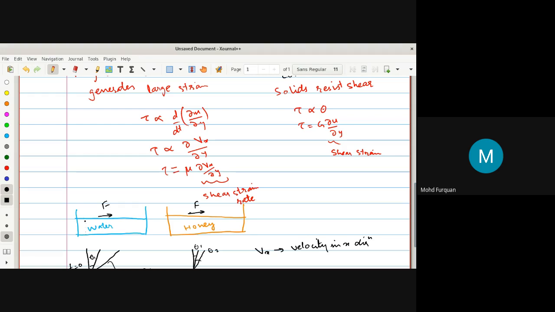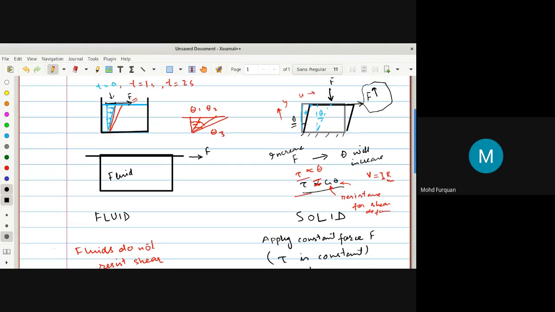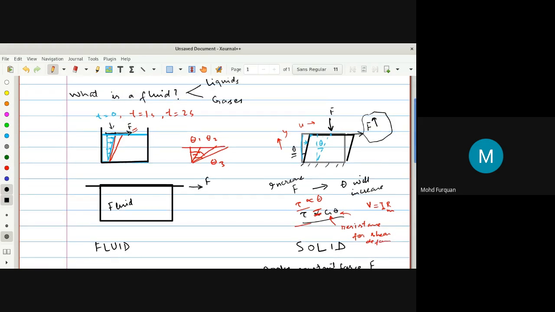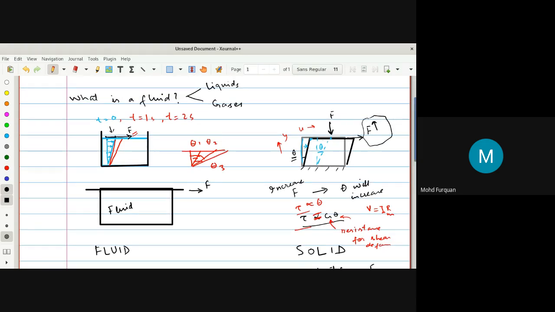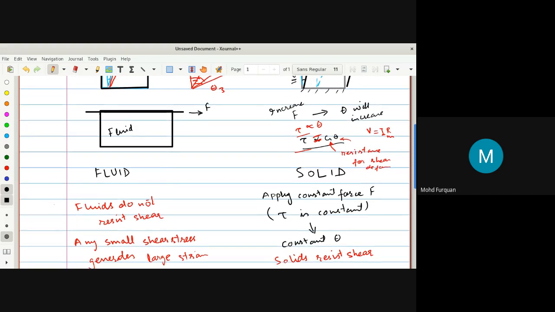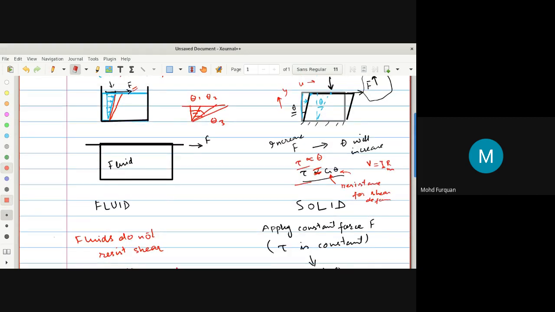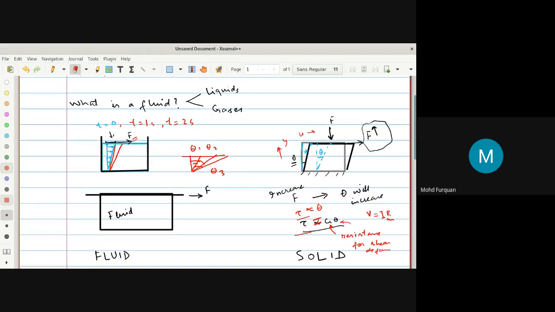So here I'll write instead: can generate large strain. This definition of solid and fluid works well for most materials.